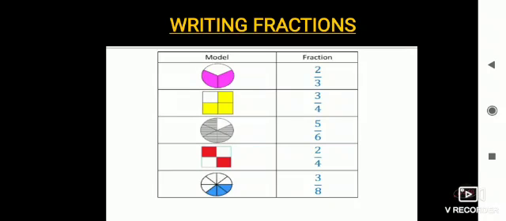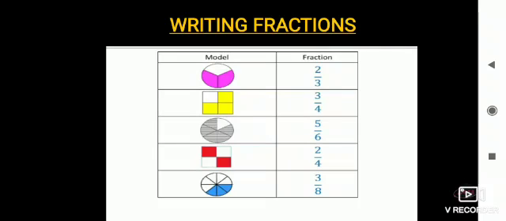In the third figure, which is again a circle, 5 parts out of 6 are shaded. So you can write 5 by 6 as a fraction for the shaded portion. Next figure is a square, which is again divided into 4 equal parts, and out of 4 parts, 2 are shaded.